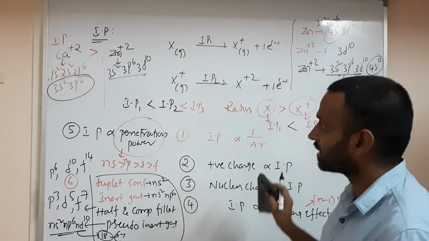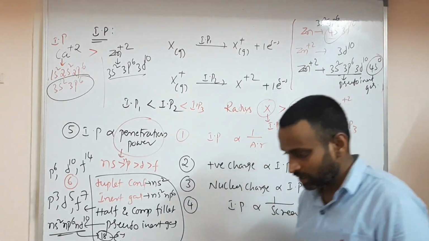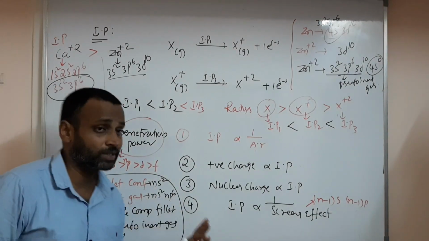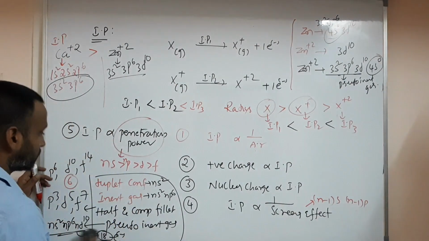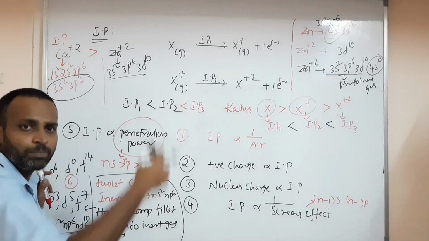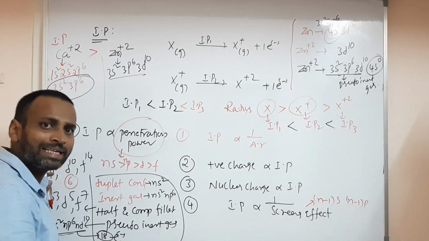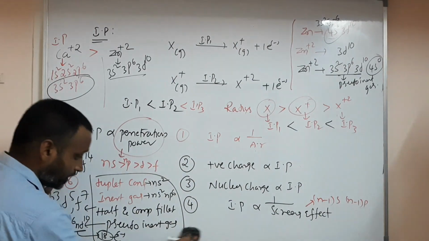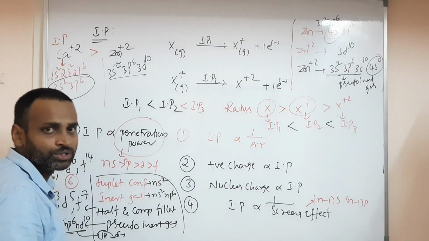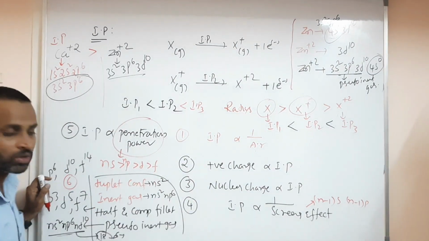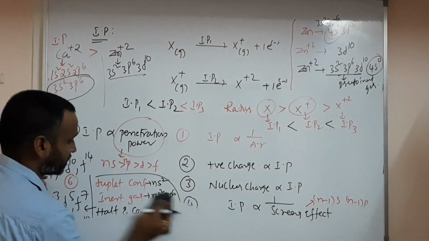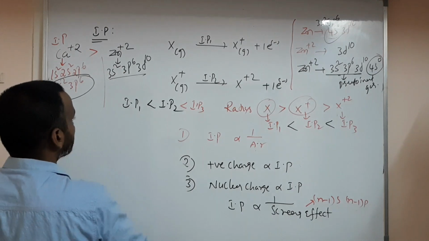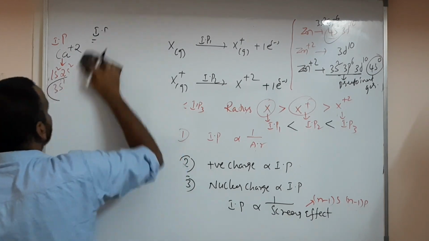Please understand all these things. You have to work hard, because this is a very, very important thing. IP from top to bottom decreases, because atomic radius is inversely proportional to IP. But from left to right, IP depends on electron configuration.